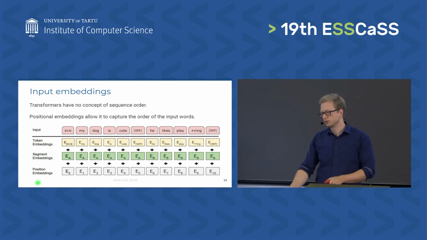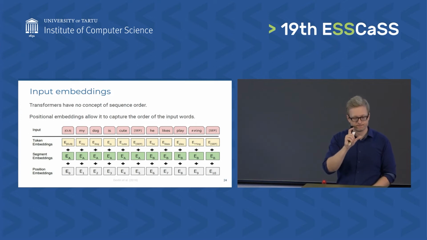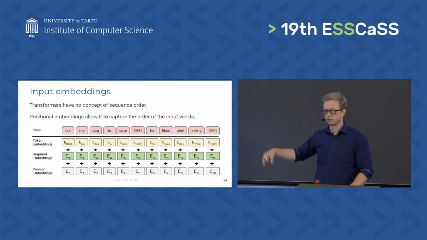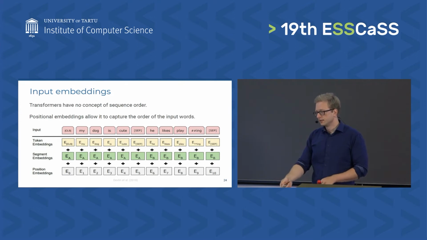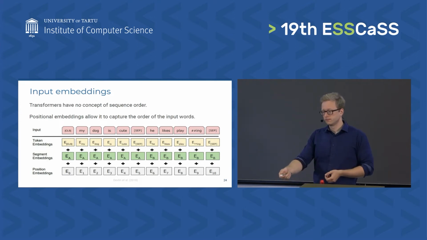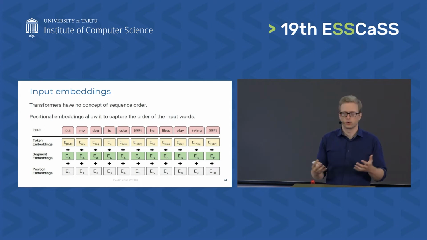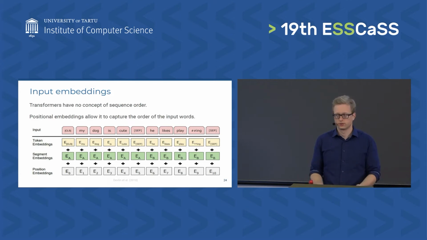And then we have position embeddings, which just indicate the position in which the word appeared. So it's one embedding for position 0, one embedding for position 1, one for position 2. And in the basic model, we're just adding these together and letting the model learn how to handle this addition operation. We give the model this information, and it figures out on its own how to best use it.